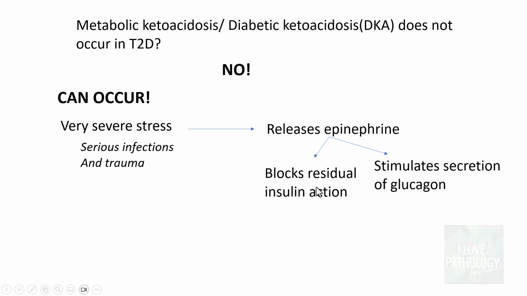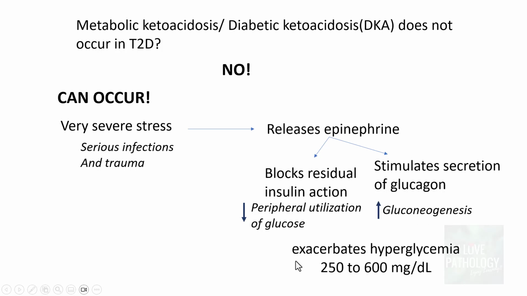As I told you, there will be some amount of beta cells being normal and that can secrete insulin, and this insulin action is blocked by this epinephrine, and it also stimulates secretion of glucagon. So that means there is decreased peripheral utilization of glucose because of blocking of insulin action, and it also increases gluconeogenesis, which means to say that there is exacerbation of existing hyperglycemia.